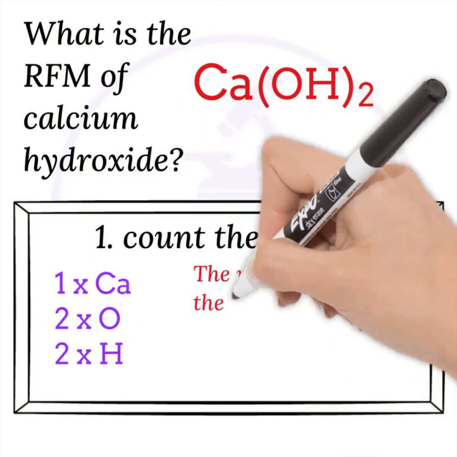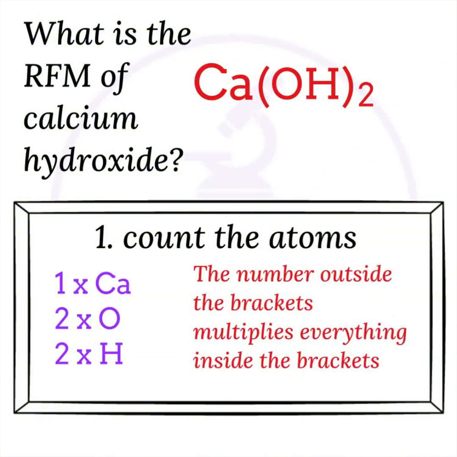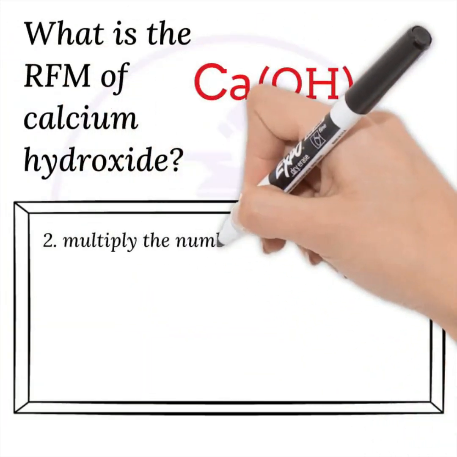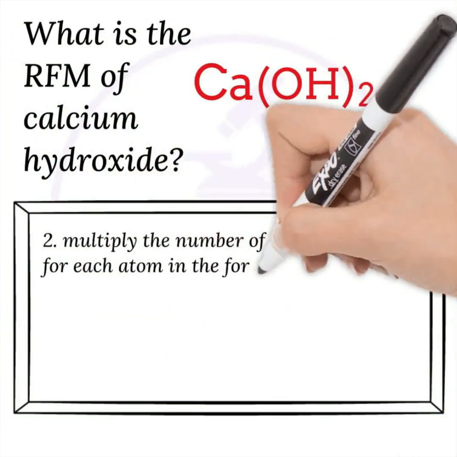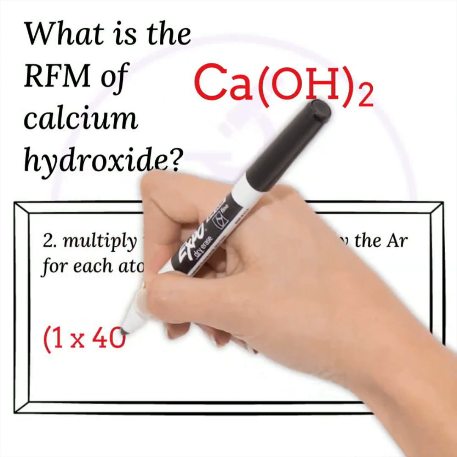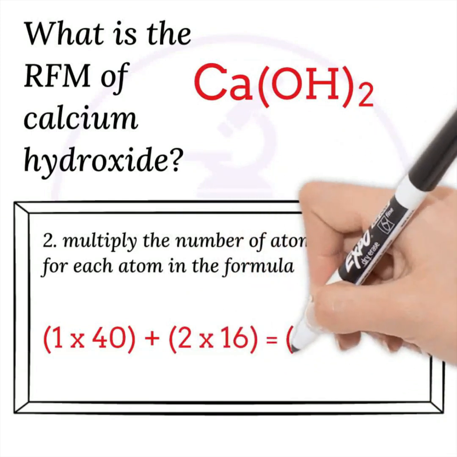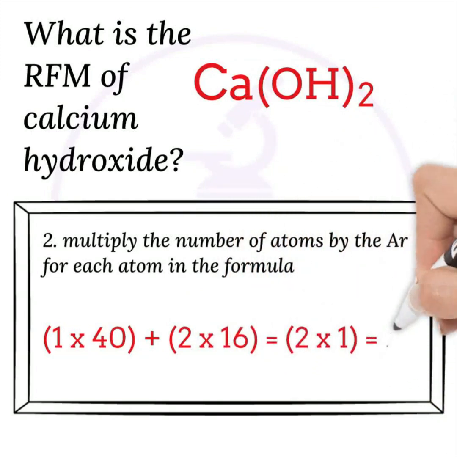The number outside the brackets multiplies up the atoms inside the brackets. The relative atomic mass of each atom is then multiplied by the number of each atom, and the sum total is the relative formula mass of the compound. The relative formula mass of calcium hydroxide is 74.